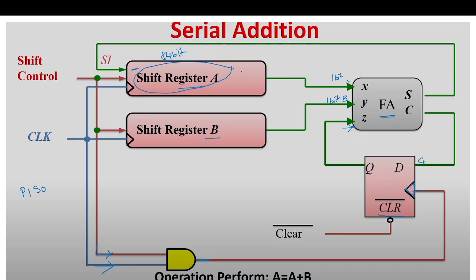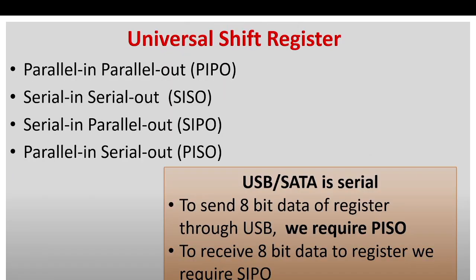For example, if we have just input to be 1 bit, then it will be serial input, serial output. So we need these two types of shift registers in order to use a single bit full adder, which is going to add three 1 bit numbers: one carry and two 1 bit numbers. So in this way, these shift registers are useful, and some of the other applications are given here.